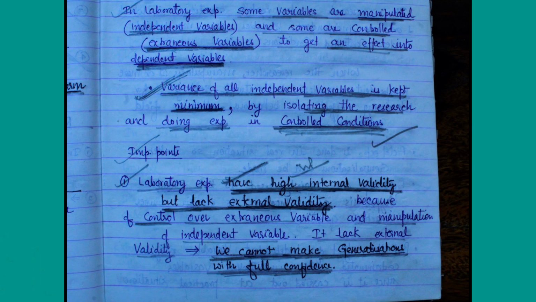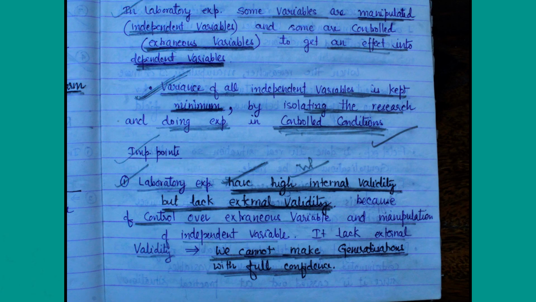Always remember, laboratory experiments have high internal validity but lack external validity because of control over extraneous variables and manipulation of the independent variable, which you are able to do inside the lab only. In the field you are not able to do it, right? So we cannot make generalization with full confidence. If my temperature is increasing and pest population is increasing in my lab, I cannot say 100% it will happen in the field, because in the field pressure, relative humidity, rainfall, soil type, soil structure, and other crops grown in the periphery also affect the pest population of that crop.